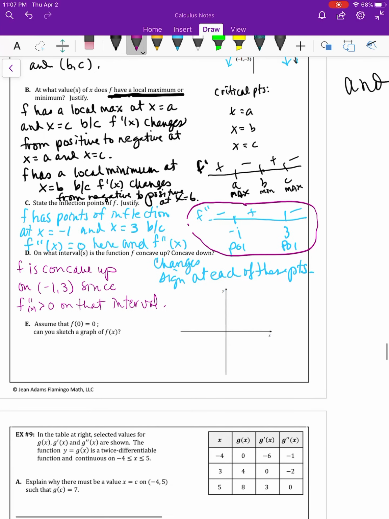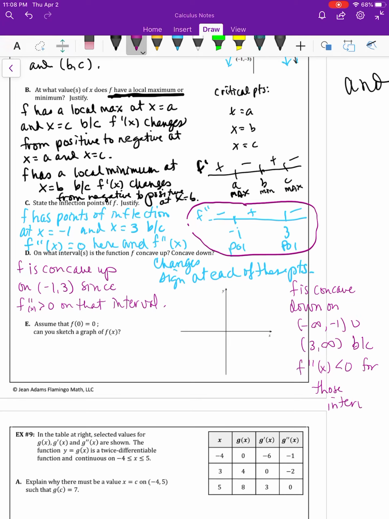And then I would say, I'm going to put the rest of it right here. f is concave down on -infinity to -1 union 3 to infinity, because f double prime of x is less than 0 for those intervals.